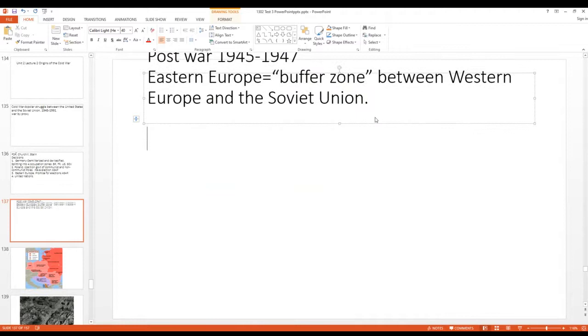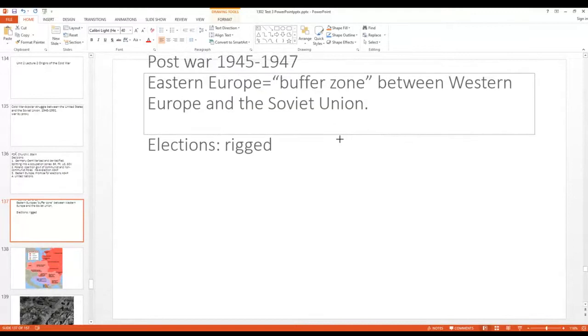So as far as the elections go in Eastern Europe, those are pretty much rigged for the Soviets. You know, when your candidate wins 95% of the vote, I'm going to go ahead and say that probably wasn't a pretty fair election. There's also a number of anti-communist candidates for political office who die under mysterious circumstances.